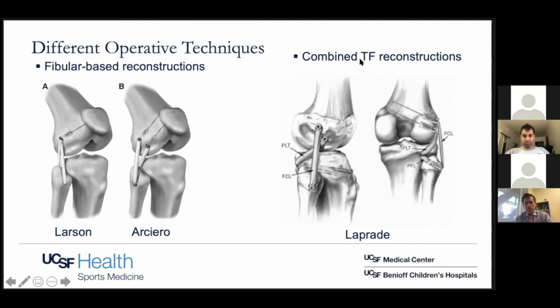And then combined tibiofibular reconstruction, so the LaPrade technique, like the anatomic posterolateral corner reconstruction. And so with this, you have 2 grafts. So one is reconstructing the LCL, and so fixed at the femur, and then tunnel through the fibular head, and then fixed at the fibula.